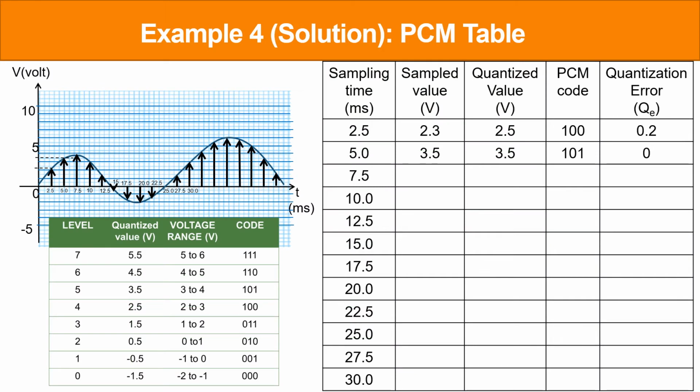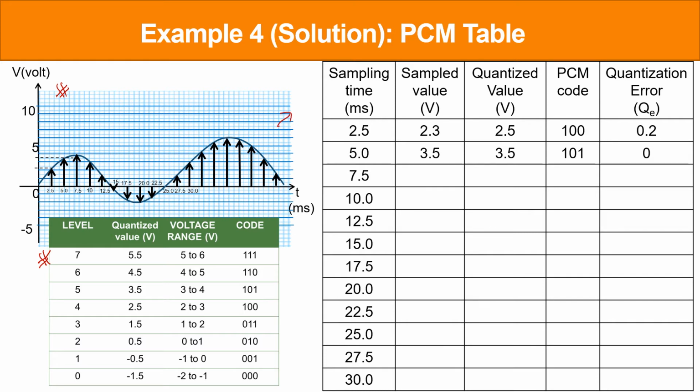So here is the solution for example 4. We have here the graph for the analog signal. Here is the PCM reference table. To get a clearer view, you need to print out this graph.